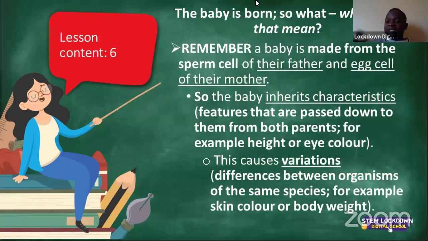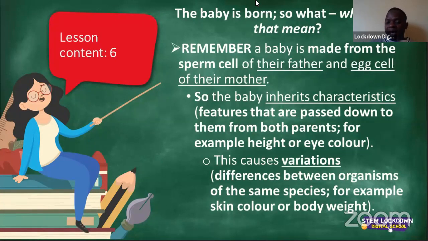So I've got 2 things that I'm giving to you as examples: the nose that I've inherited from my mother, and of course my dark skin, a characteristic that comes from my father's side. So that is how I've inherited both of them. Why? Because my father and my mother mated. They then created me, and therefore I have both their characteristics.